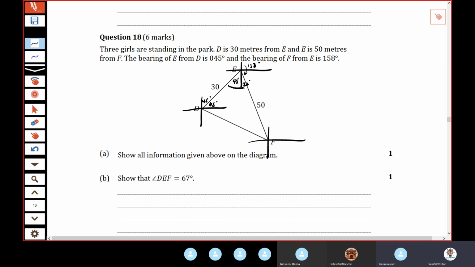Now you know this angle, which is 67 degrees. If you know that's 22, you know that's 22, and that's it so far. Good. Show all the information. Done. Show that DEF is 67. Done.